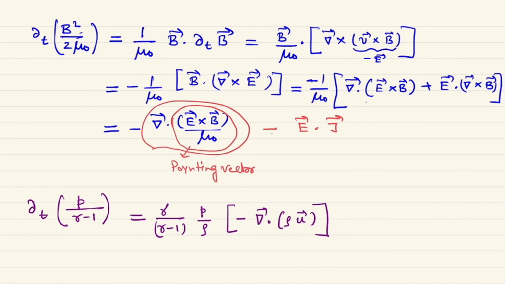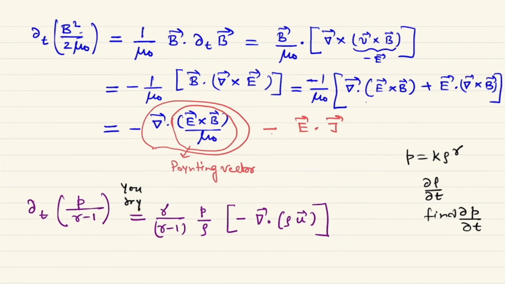So you try. You have this relation P is equal to K ρ to the power γ, and you know ∂ρ/∂T. From that you try to find ∂P/∂T. If you do that very carefully, you will finally have this equation.